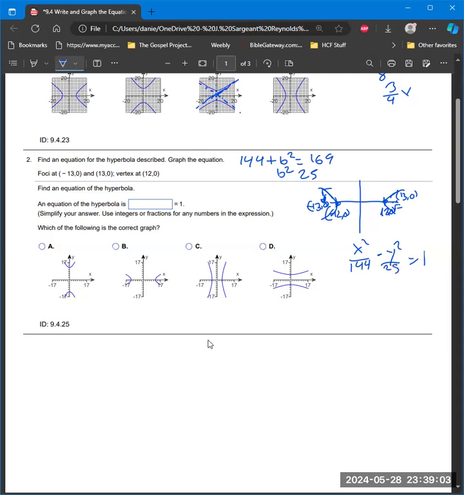And so this is x squared over 144 minus y squared over 25, opening left and right, and vertices are at negative 12 and 12. That looks like B.